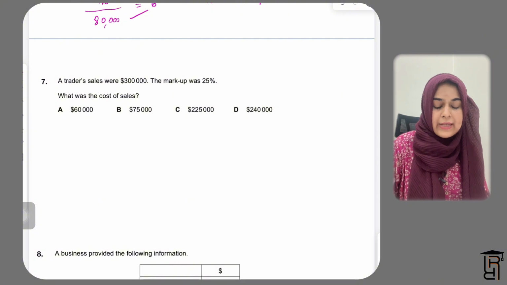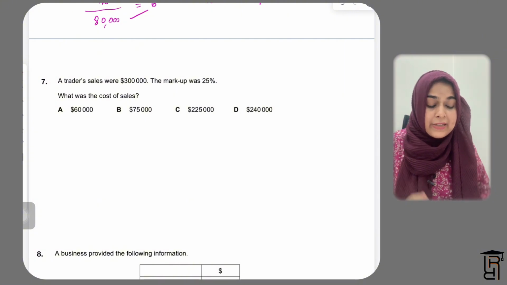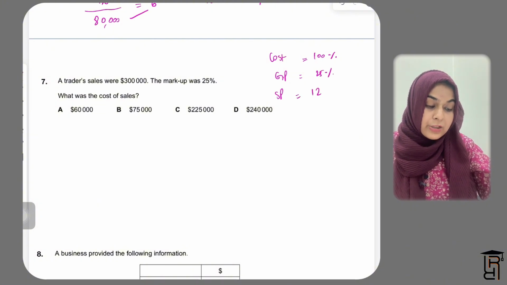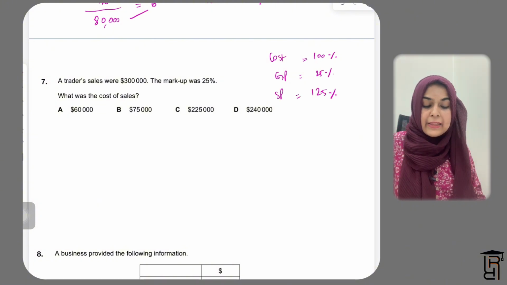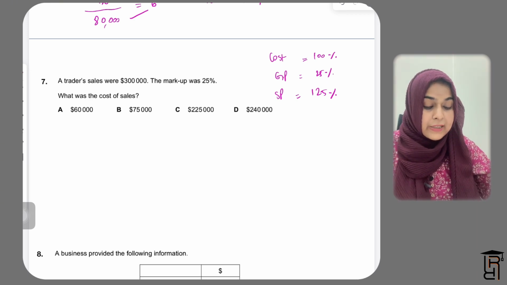Okay, the next question says a trader's sales were 300,000. The markup was 25%. Again, when markup is given, cost is 100%. So if gross profit is 25%, my revenue or my selling price is going to be 125%. And then they're asking what was the cost of sales for this trader?